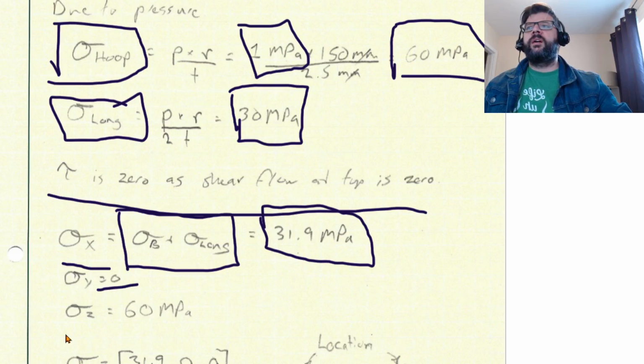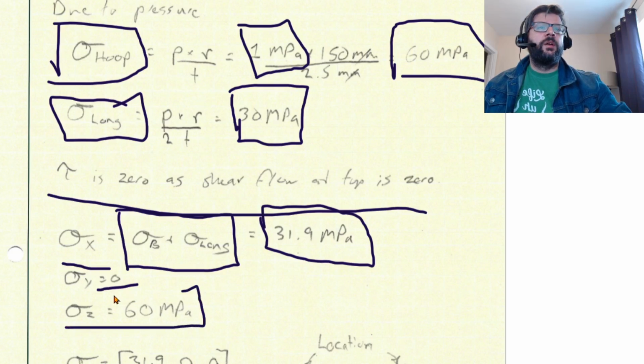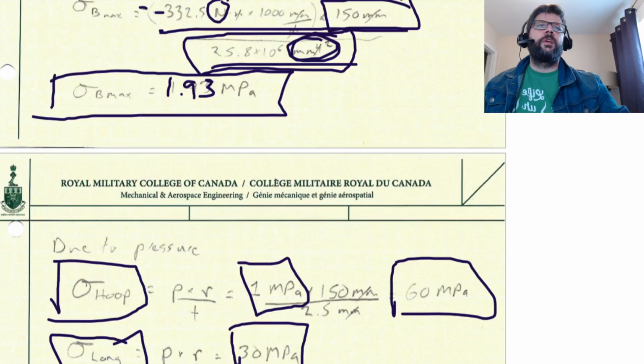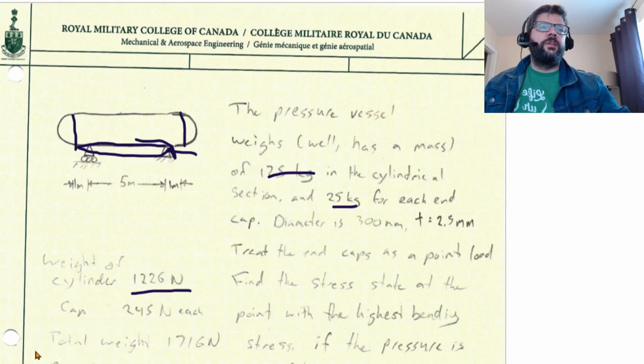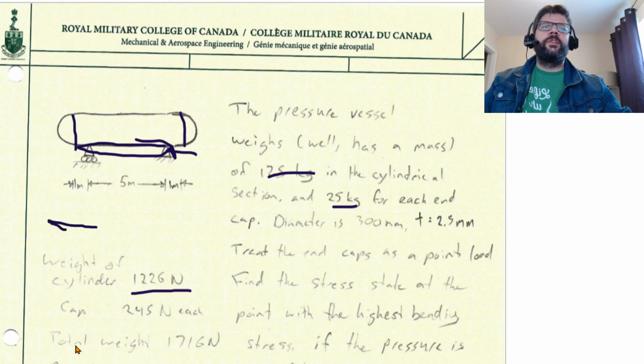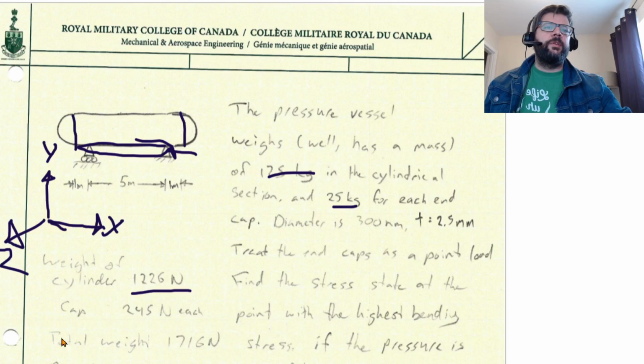And then we have our, what am I trying to say here? We've got our hoop stress here. Our hoop stress is going to be the stress in the z direction. Oh, actually, I forgot to define my coordinate system, didn't I? Bad me. So coordinate system x, y, z. Same coordinate system I always use.